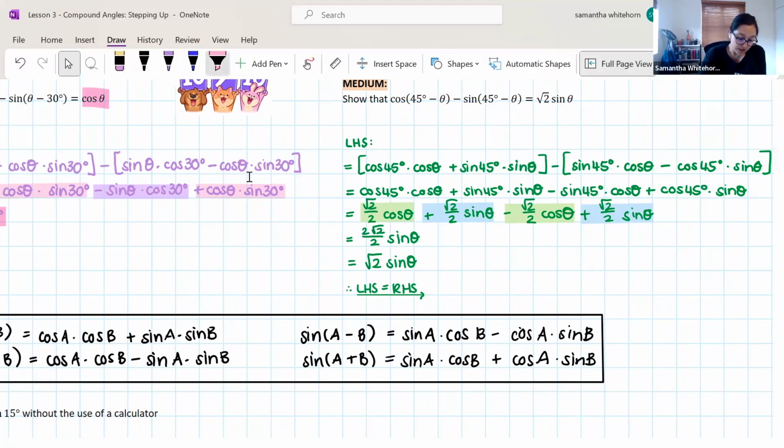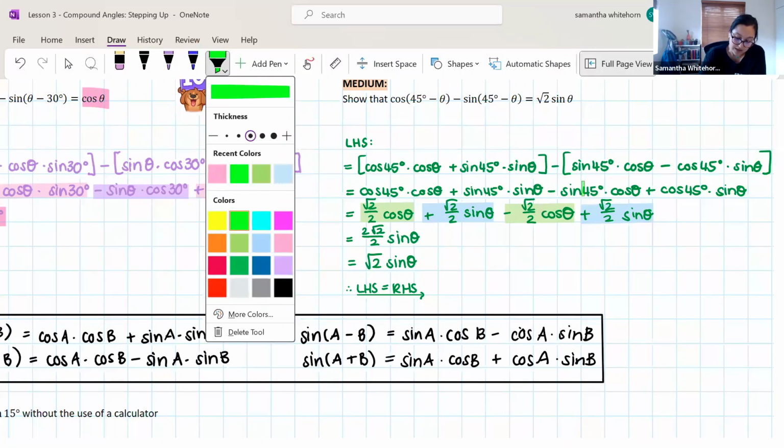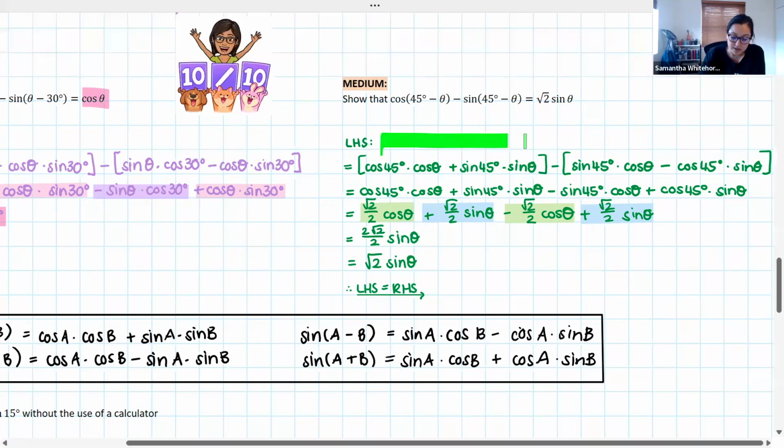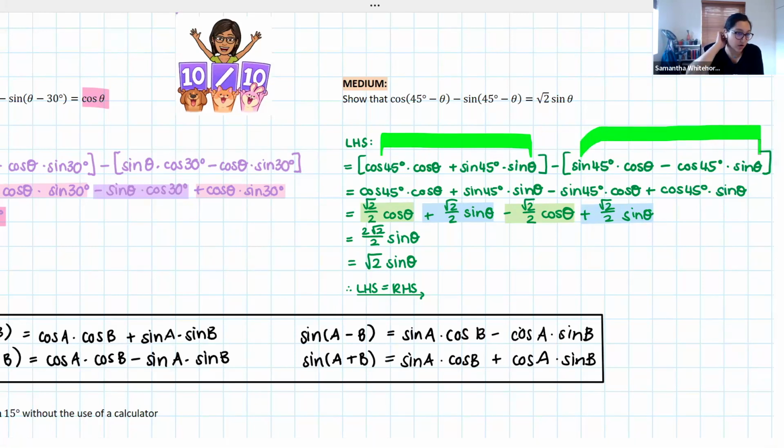The reason this wasn't a particularly wonderful question is because the compound angle formula you were working with didn't match up. In the previous questions, it was a cos minus a cos, a sine minus a sine. In this case, it's cos minus sine. So the cos compound angle formula is cos cos sine sine, whereas the sine angle formula is sine cos cos sine. So you have to be mindful of that when you are looking for your like terms.